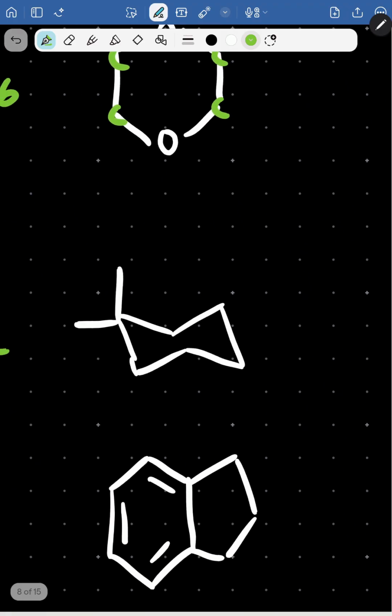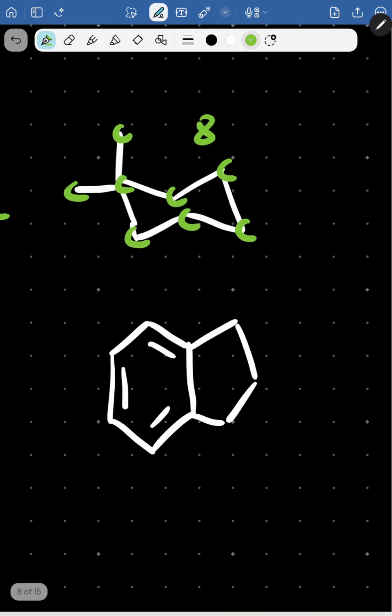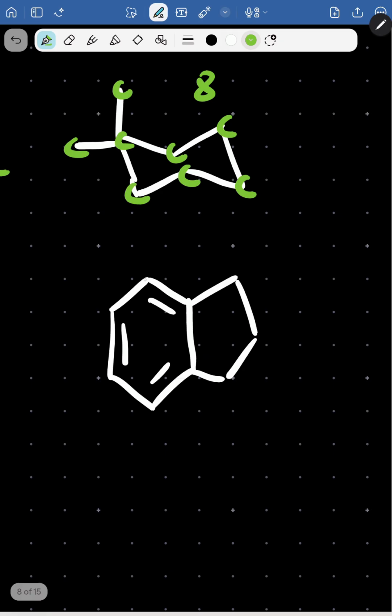What the hell is this, you may be asking? Well, in a future video, you will probably understand what this is. 1, 2, 3, 4, 5, 6, 7, 8. 8 carbon atoms. 1, 2, 3, 4, 5, 6, 7, 8, 9. There's 9 carbon atoms in total.